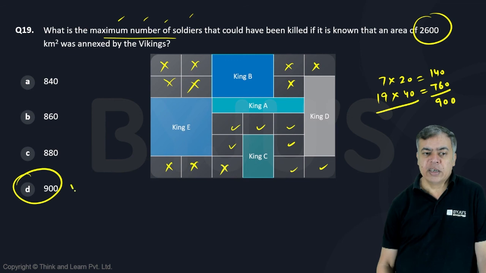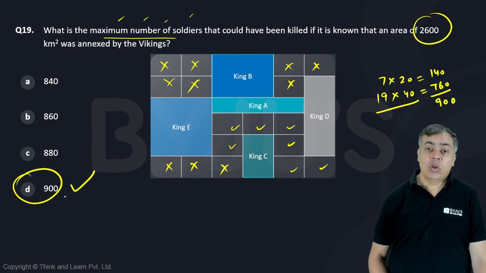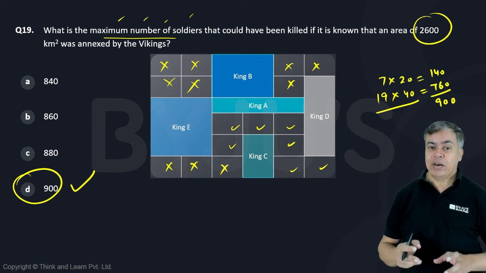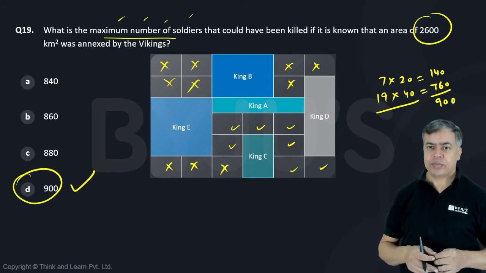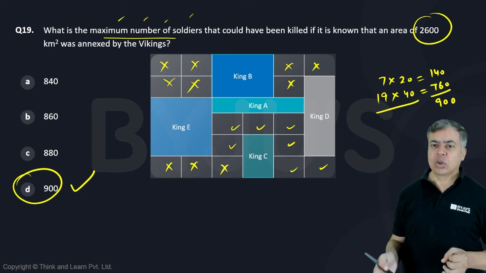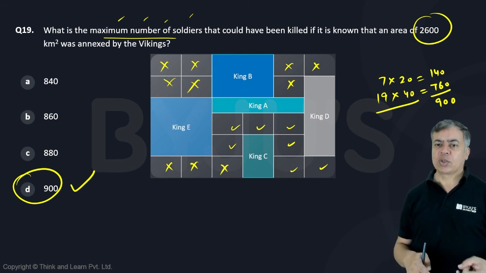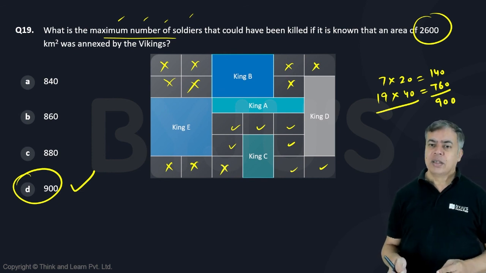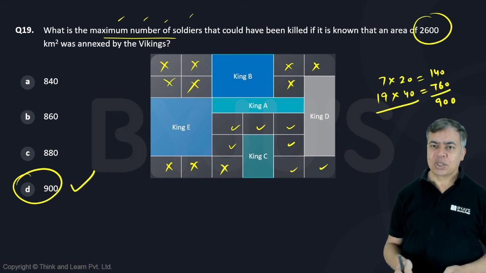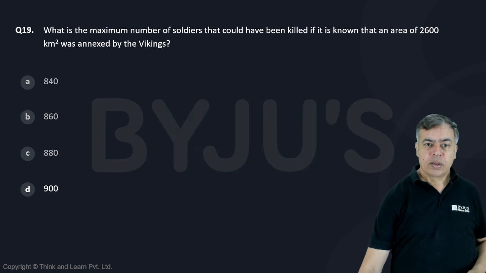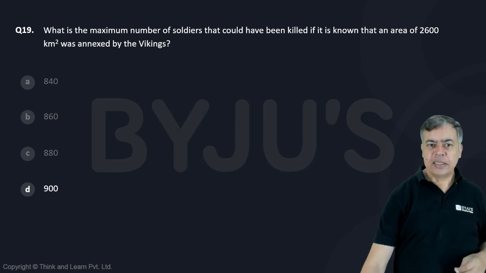So 900 soldiers can get killed. Now, to get the maximum soldiers killed, I am attacking one square at a time. So 20 soldiers will get killed for every unoccupied square, and 40 soldiers will get killed for every occupied square. Okay, so 900 is the correct answer.